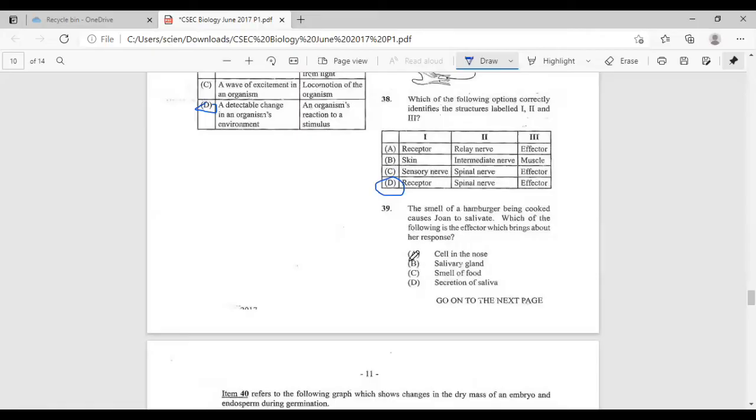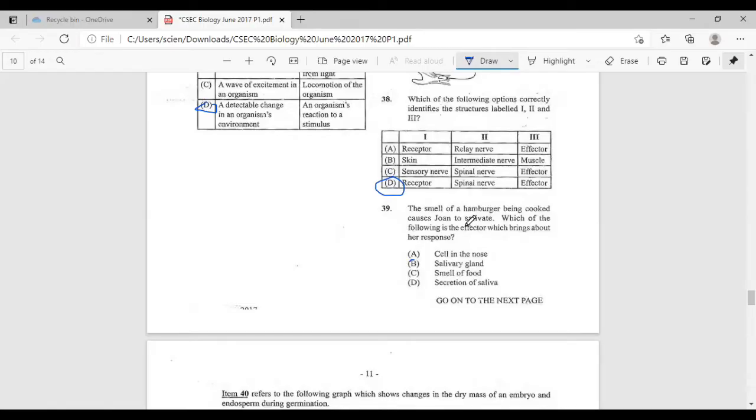So that's one way to look at it. If you did not know that, you can actually eliminate based on the definition you have in your head for the effector. Normally, the effector is what helps to bring about the movement or the response.